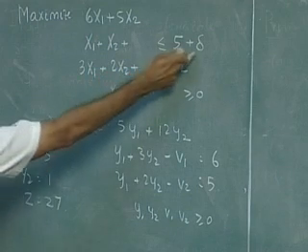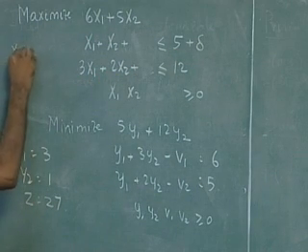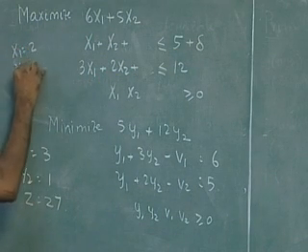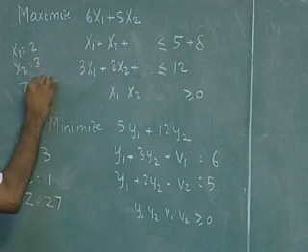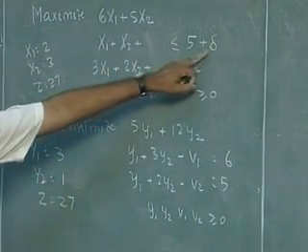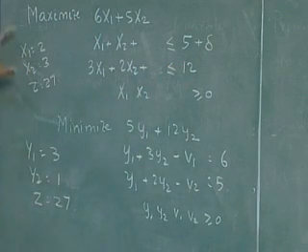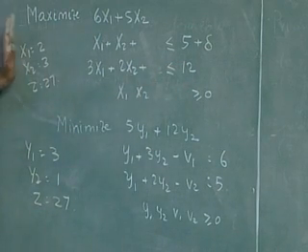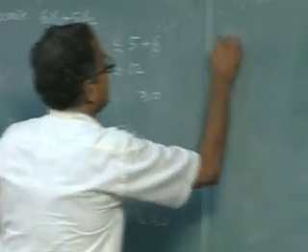We know without this delta, we know the solution x1 equal to 2, x2 equal to 3, z equal to 27. So we assume right now that with the inclusion of this delta, x1 and x2 would still continue to remain optimal.